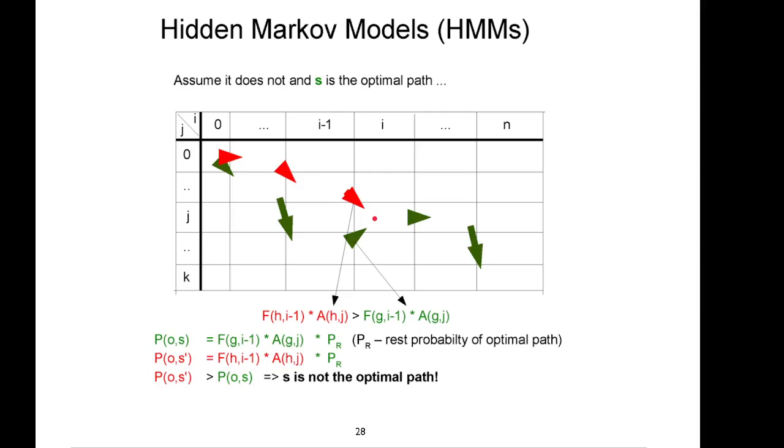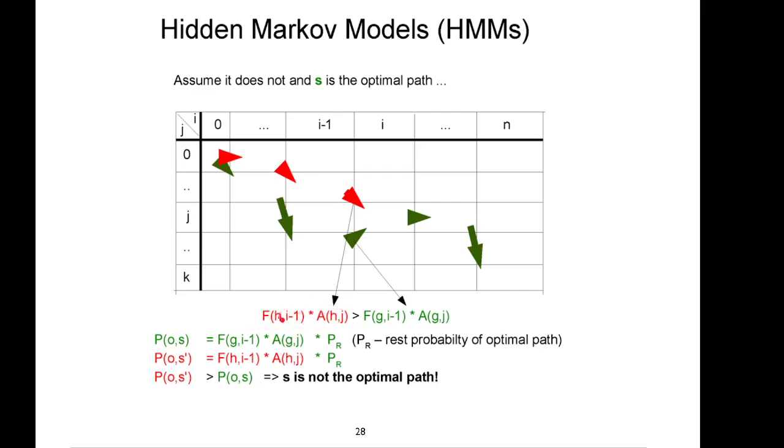Now, if that were the case, then what must have happened is that we got here together with both paths in state J. And since we're coming from two different states, we were here in our red path at, let's say, H. So basically this here would be H. So f_H(i-1) times the transition probability from H to J, because we're maximizing, and that's why we have picked the red one.